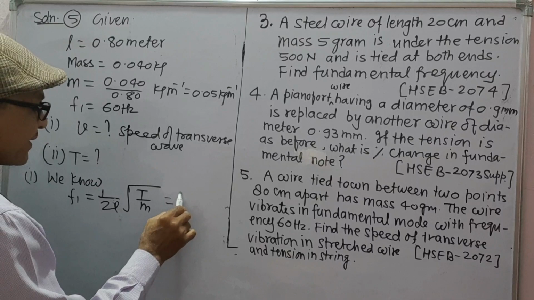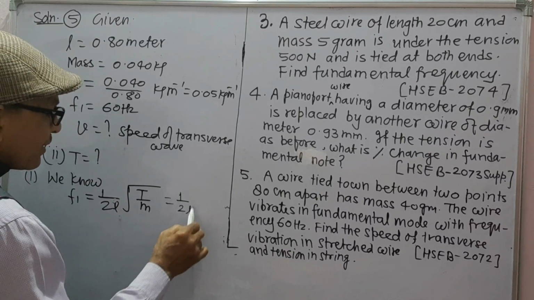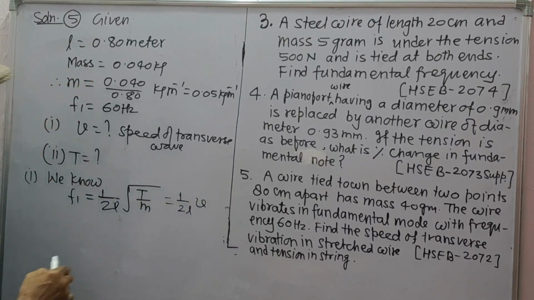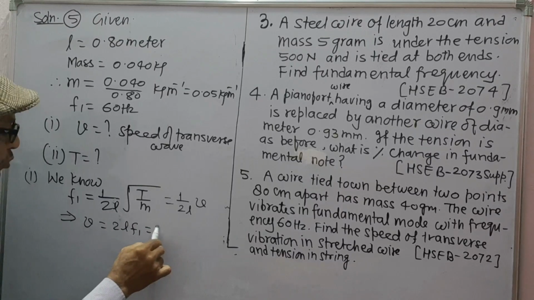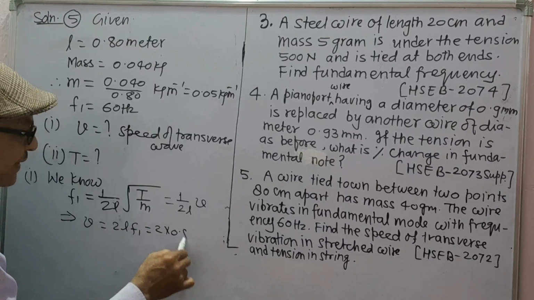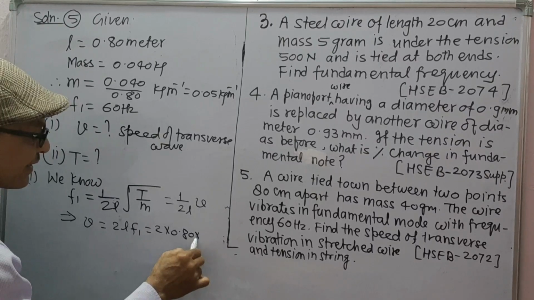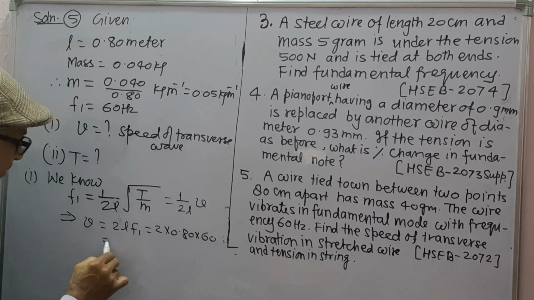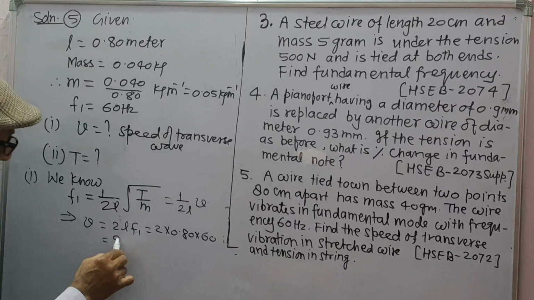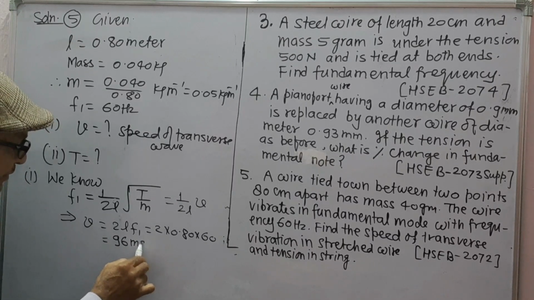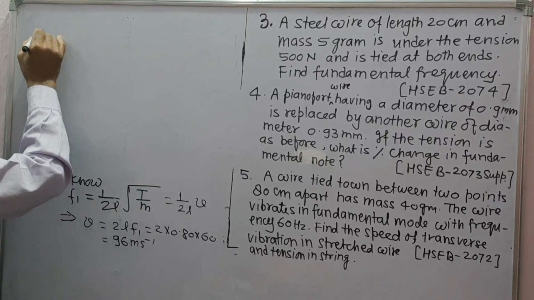So we can write it as 1 upon 2L into small v, velocity of transverse vibration, which gives v as 2L F1. 2L is 0.8 and F1 is 60. Velocity comes to be 96 meter per second.